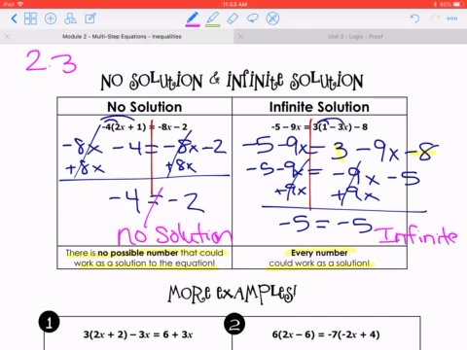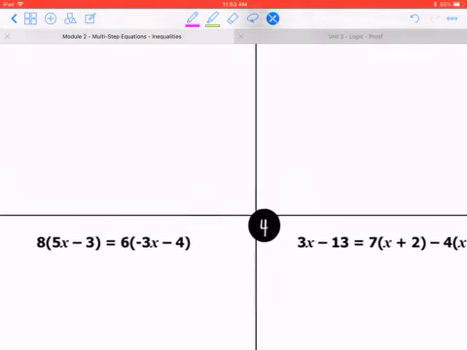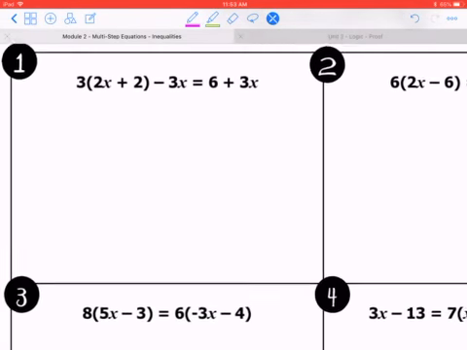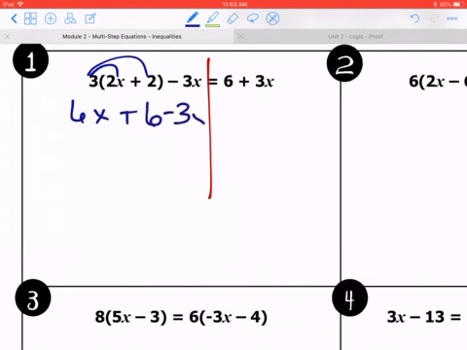All right, let's try just a couple more examples here to make sure we know what's going on. I'm going to zoom in a little bit. If we look at number 1, we're going to do our distributive property first. 3 times the 2x is 6x plus 6 minus 3x. This side's going to stay the same.